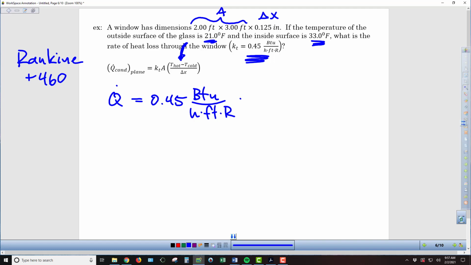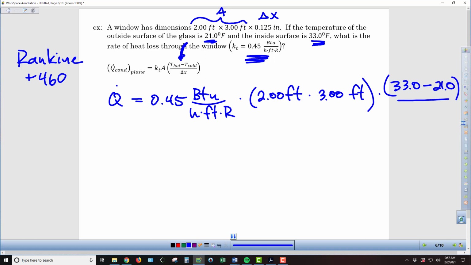So we've got our thermal conductivity constant. We're going to have the area 2 feet by 3 feet, and then we're going to multiply that by the difference between the temperatures. So we've got 33 minus 21 degrees, and then that's over the delta X, so the thickness of the window, which is 0.125 inches.